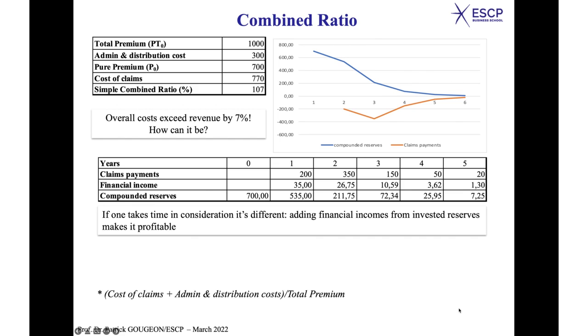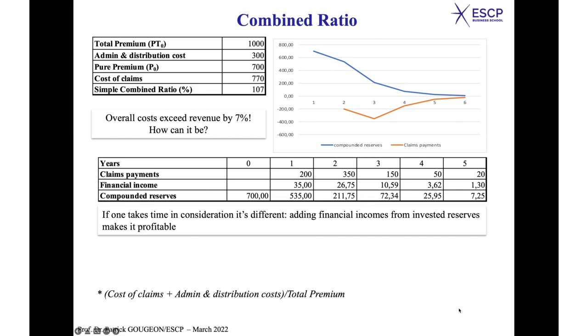So you see that in the end, you still have a bit left, 725 of reserves, which means that altogether, the company will end up with a surplus.